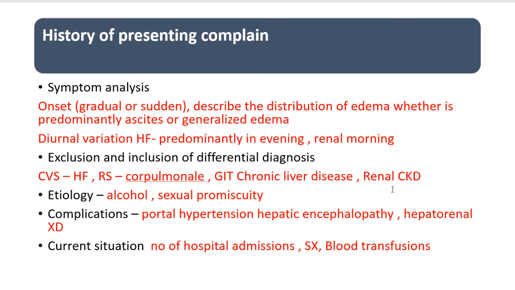Then the diurnal variation. For example, in heart failure patients the swelling comes predominantly in the evening, while in renal failure or CKD patients it comes in the morning. Likewise, you have to analyze the symptom.